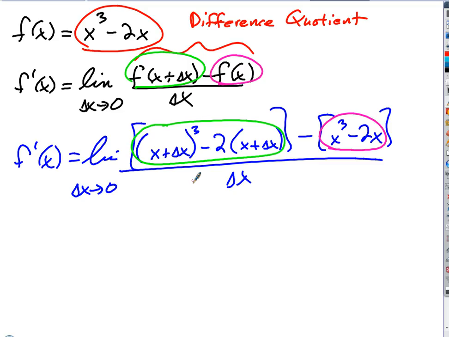So the algebra here is probably going to be expanding and canceling. All of the naked terms are going to cancel, so we're going to be able to factor out a delta x in the top that will cancel with the bottom, which is going to leave us with our derivative function. It's always kind of the same game we're playing, just different functions every time.